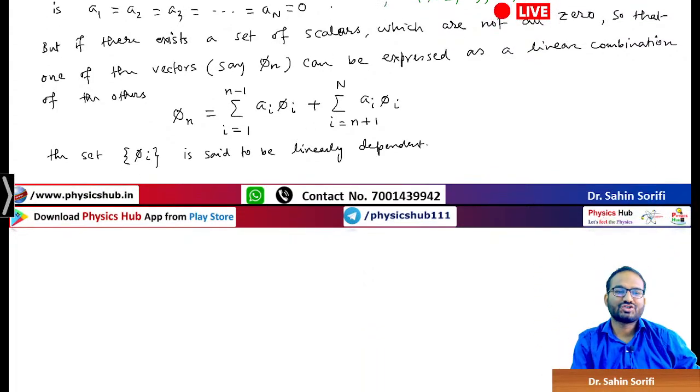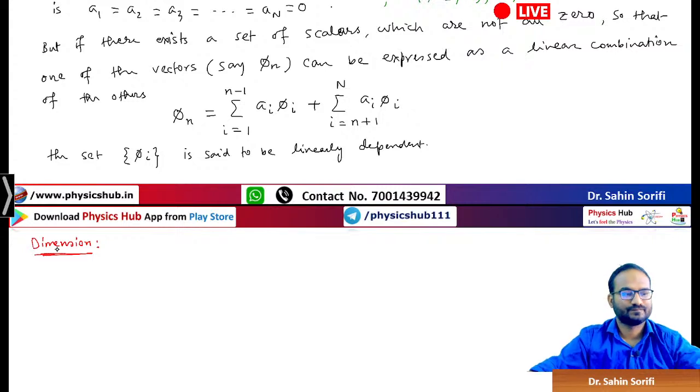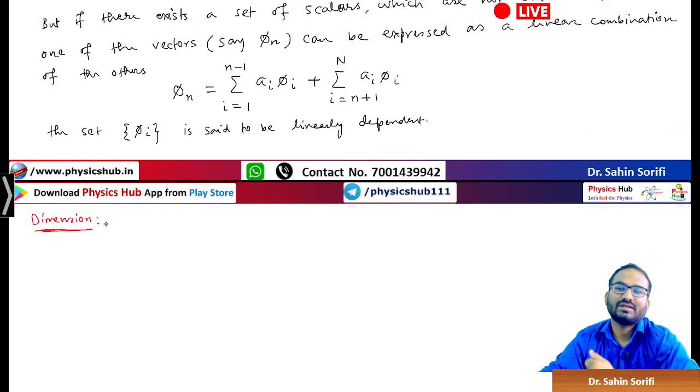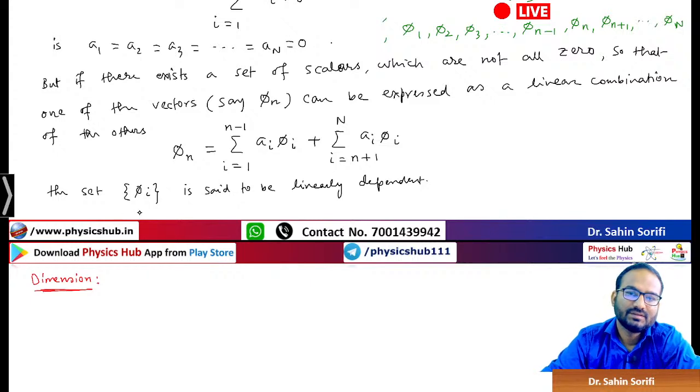Now dimension. What is dimension? Dimension is the number of maximum linearly independent vectors a space can have. Okay, maximum number of linearly independent vectors a space can have.